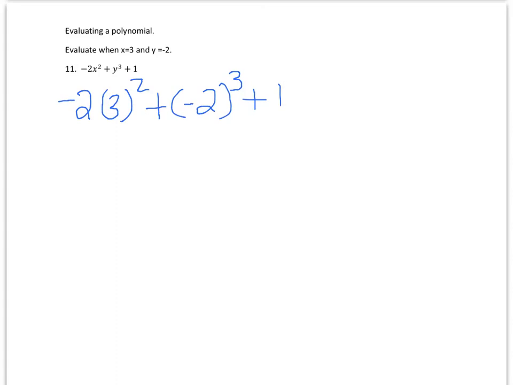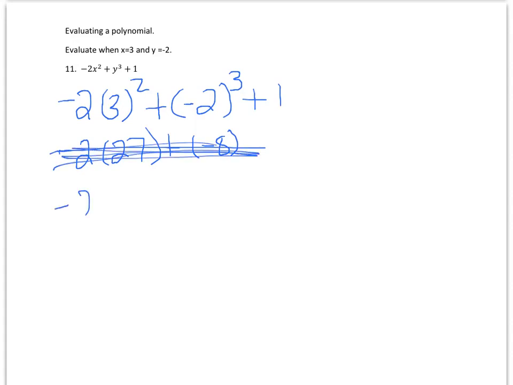Order of operations tells me exponents. Well, what's 3 squared? 27. Negative 2 to the third. Now be careful here. This one would have bailed you out whether you remembered parentheses on your calculator or not. So I've got to back up. I made a mistake here. 3 squared. Is that 27? Nope. So we erase. Well, since I pressed pause there, we can't erase. So we'll just cross it off. So let's do this again. Negative 2, 3 squared, 9.